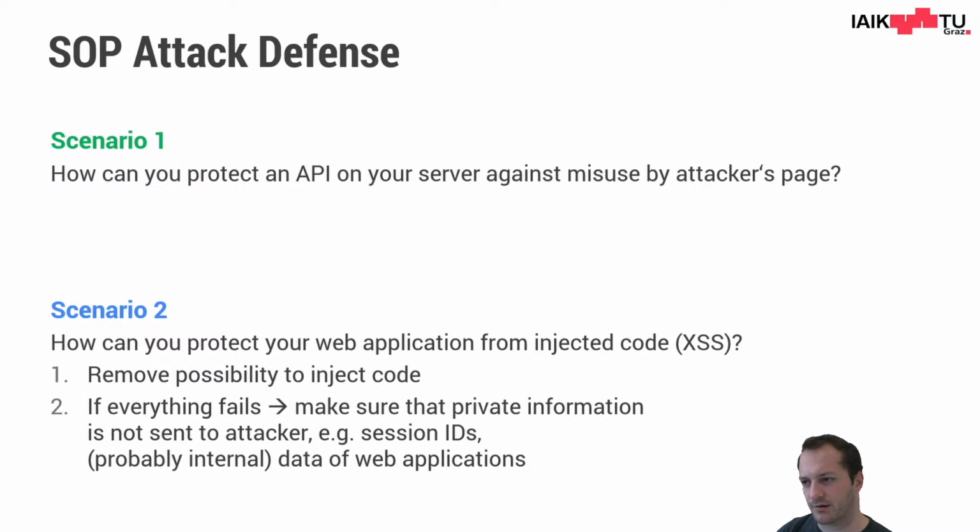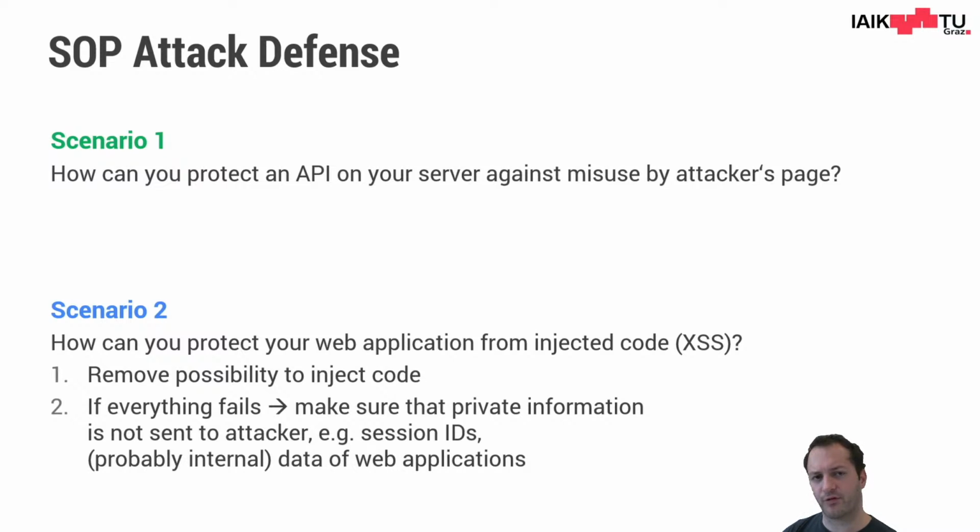Second scenario I'd like to look at is how can you protect your web application from injected code. Also something that can happen quite easily. So just imagine, hopefully you won't do this on your own, it's quite a tedious job, but let's say you program a forum or some guest book or whatever, a blog system where people can comment.